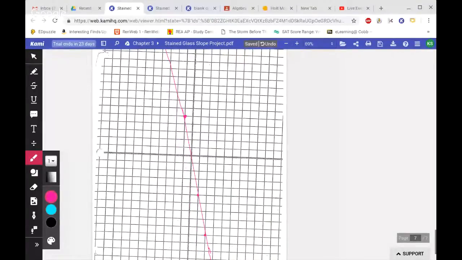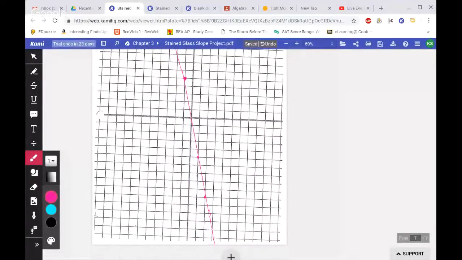My computer acts weird when I do that. You have to go all the way to the edge of the paper, but use your straight edge to do that. Mine's not great, but it's close. Does that make sense? Yes, thank you.